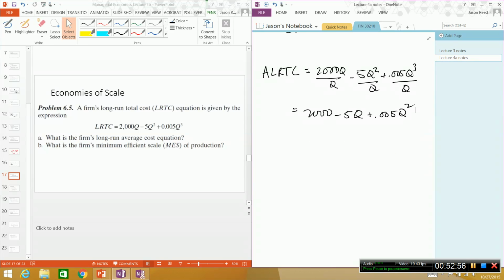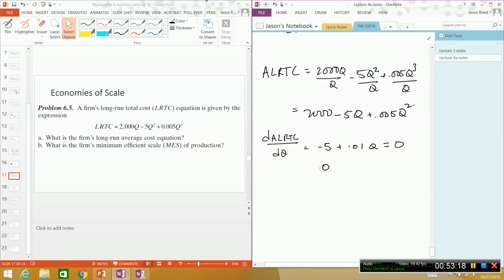Now, what is a firm's minimum efficient scale of production? Well, let's take the derivative of the average long-run total cost curve with respect to Q, so that we essentially get negative 5 plus 0.01 times Q, set that equal to 0. So then we can solve.